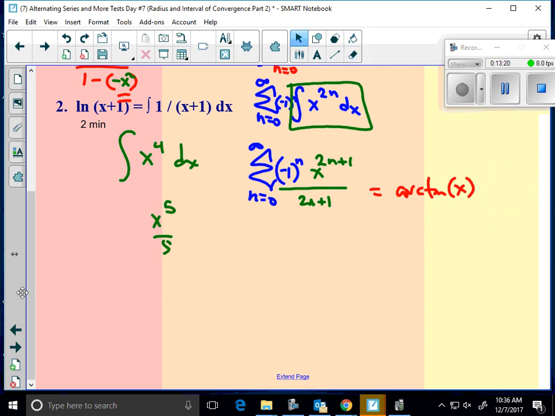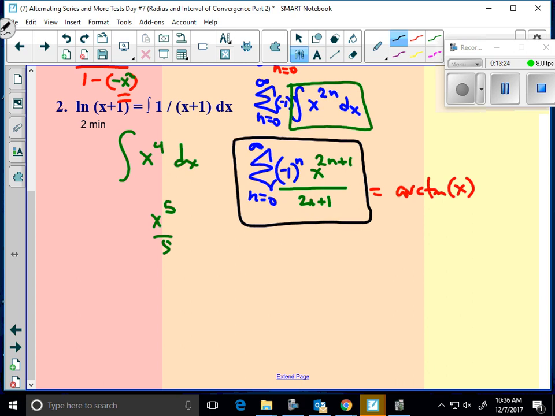So what we get here is, cool, there's a power series that represents arctangent of x. If I wanted arctangent of pi over 2, what would I plug in for x? Pi over 2. And then I could go out as far as I want and calculate. Well, pi over 2 wouldn't be a good one. We would take the arctangent of, say, square root of 2 over 2. That would make more sense.